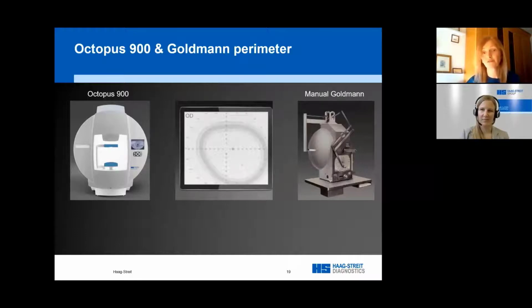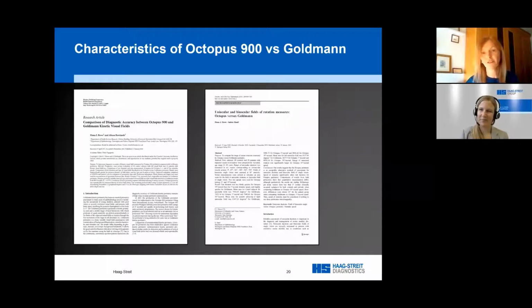So you don't have to rely on clinician experience now if you're trying to determine if a field is constricted or not. So lots and lots of little advantages there. And of course, the templates that you can automatically store and just pull out, right? Yeah. You can use customized templates that have already been made available for the Octopus, or you can create your own. And it's very easy to customize your own templates.